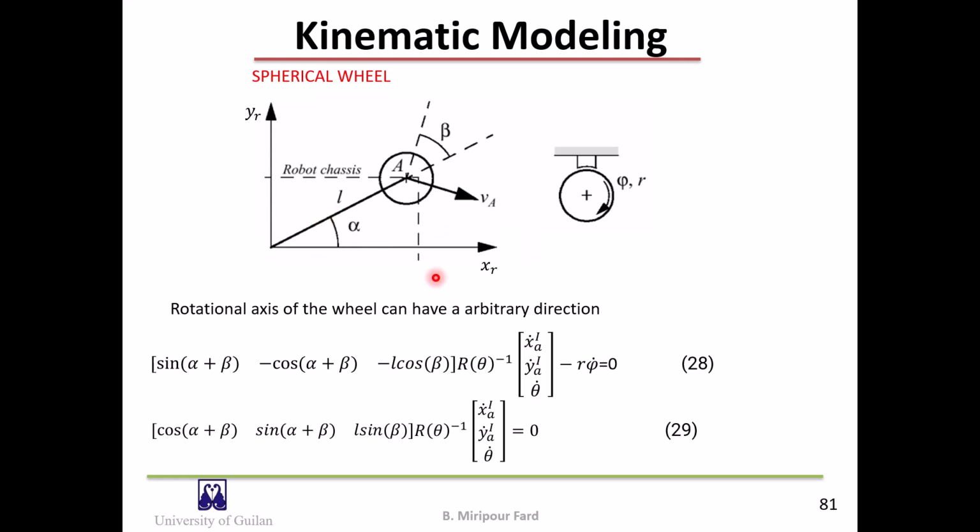For example, if the robot translates in the YR direction, then the second equation becomes sine of alpha plus beta equals 0, making beta equal to minus alpha. And with this beta in hand, we can use the pure rolling constraint.